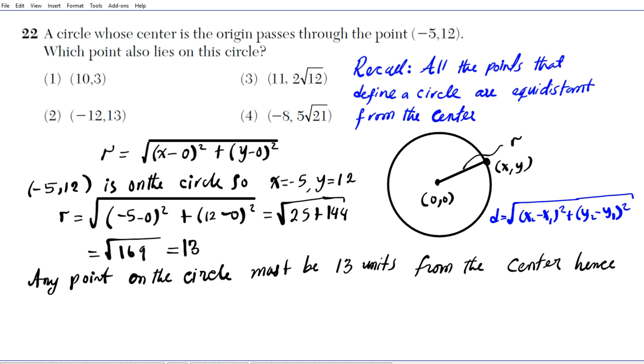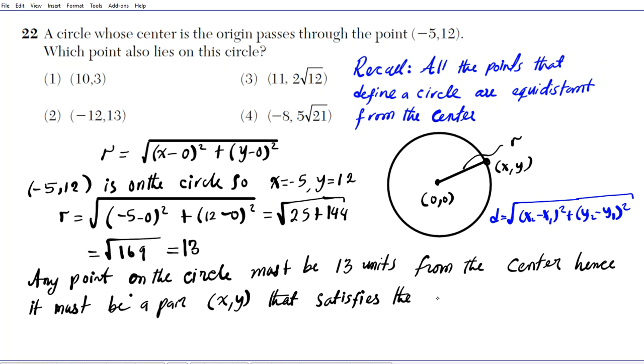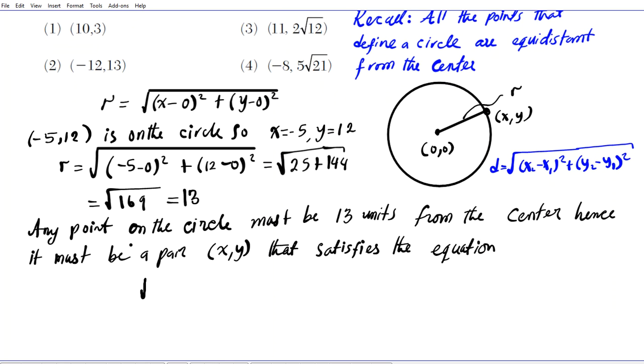Hence, it must be an ordered pair, any pair xy that satisfies the equation root of x minus 0 squared plus y minus 0 squared.